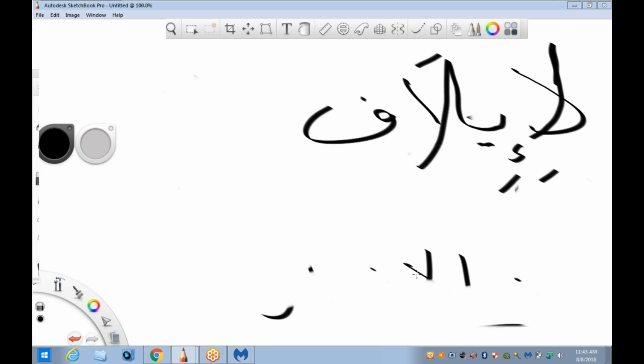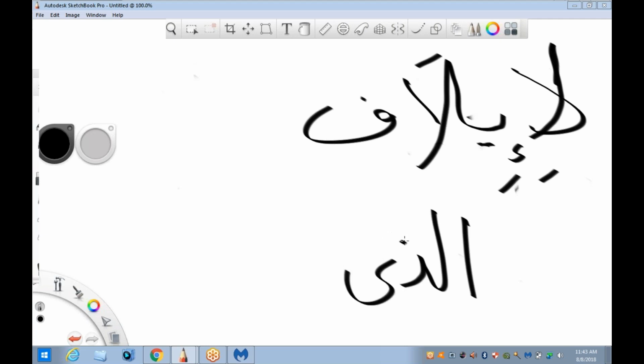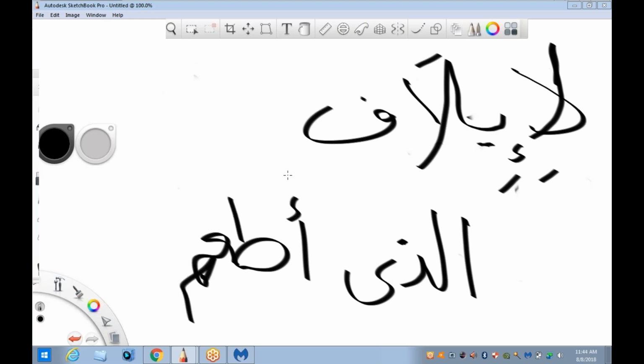In the surah, we have this other ayah that's in this chapter here. الذي أطعمهم.